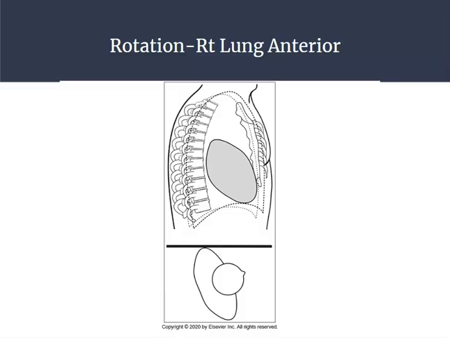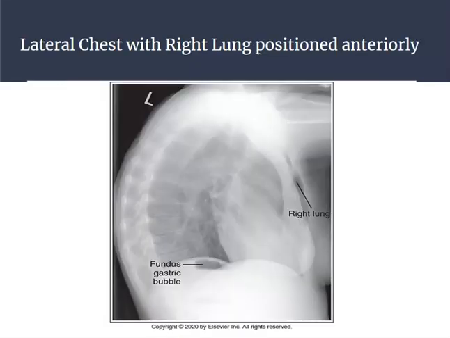This is just an example of what a patient would look like in the right lung when the right lung is anterior to it in a lateral projection. But let's look at an actual image. The first thing we talked about was locating the gastric bubble.